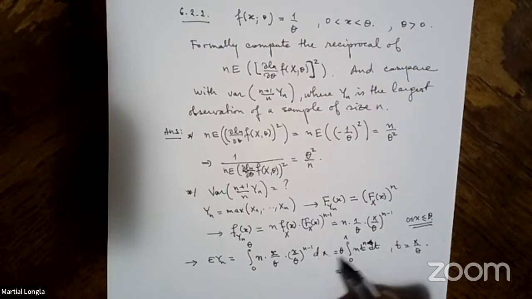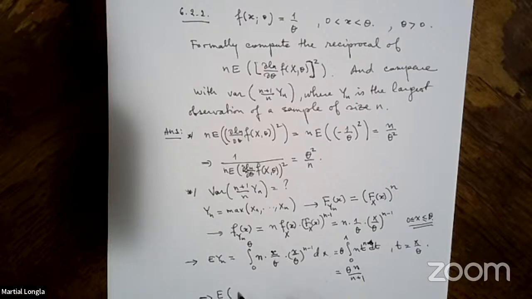And so you get that the expected value is, when you integrate this, theta n over n plus 1. And that's the reason why the expected value of n plus 1 over n times yn is equal to theta. So this is really an unbiased estimator.